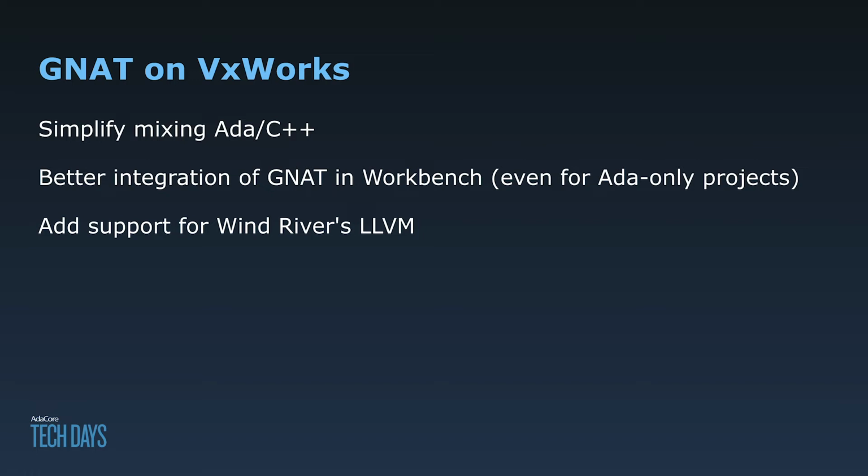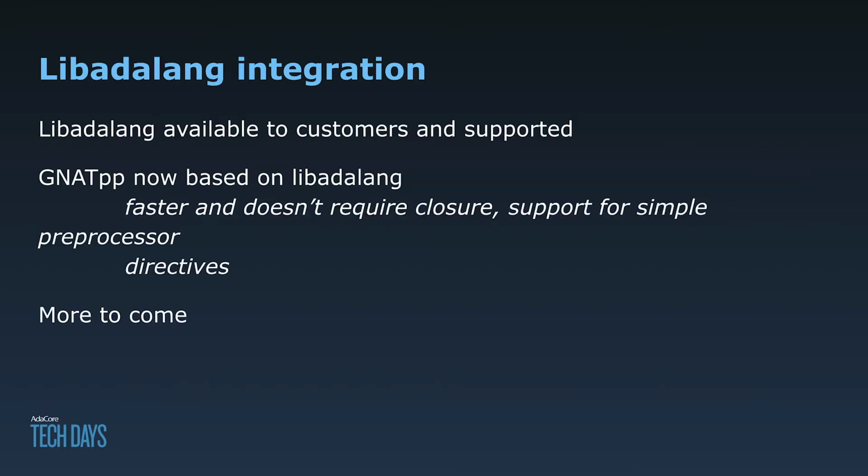So we've made it simple to integrate mixed LLVM for C or C++ and GNAT for Ada applications under VxWorks. And all of that based on both command line, if you want to script automate your builds, as well as from integrated development environment, in particular from GNATBench. I will go back to GNATBench in a few slides.